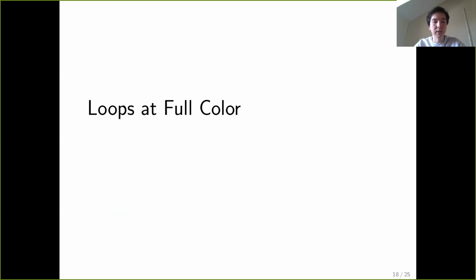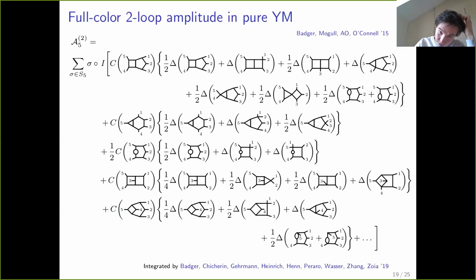Now I still have some time to tell you about how you could use that to address loops with color. The reason I even thought about these things being useful at loop level was when we worked with Simon, Gustav, and Donald on this two-loop amplitude in pure Yang-Mills.